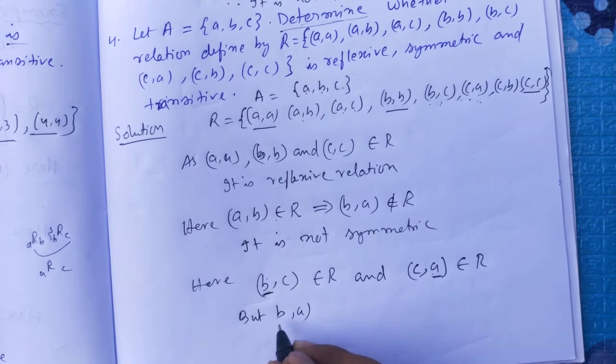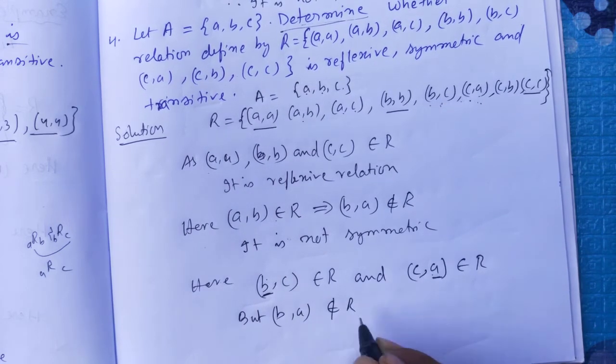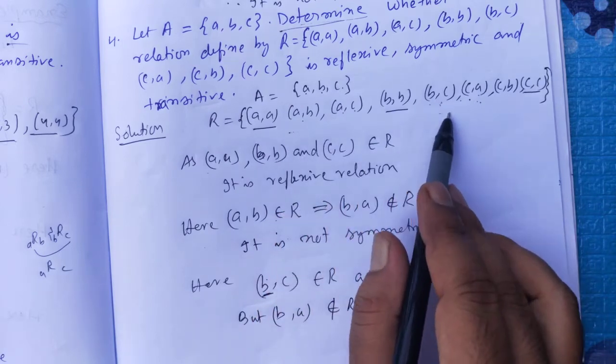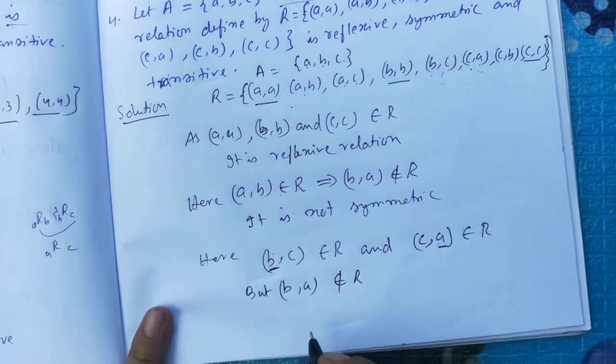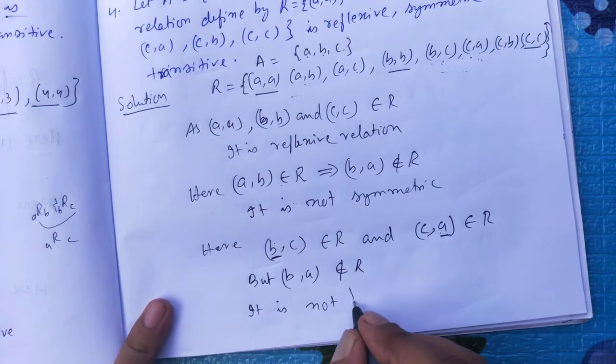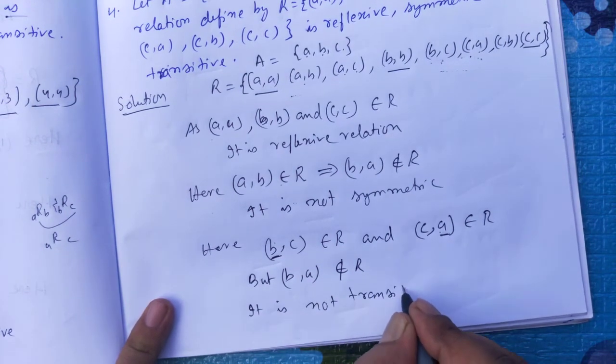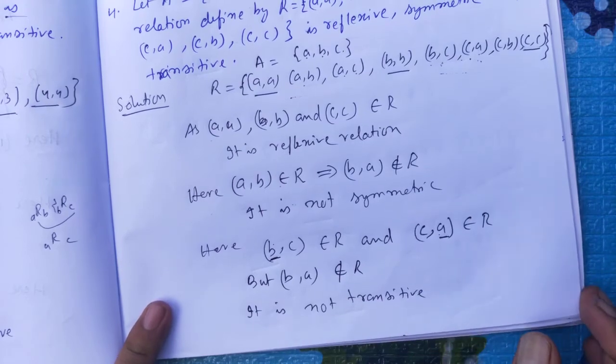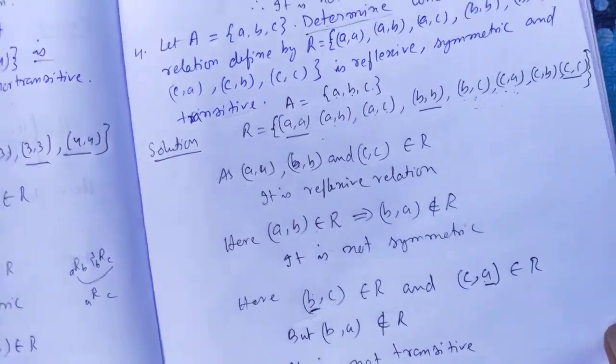But (b,a) does not belong to R. (b,a) is not there. That means it is not transitive. Clear? Let's go to question number 5.